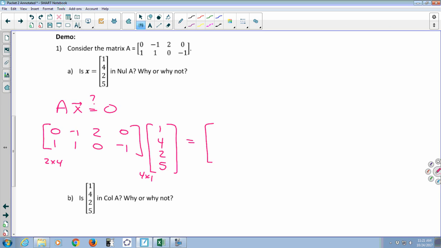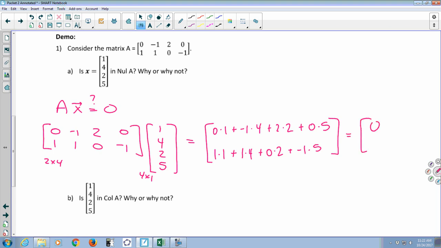So I do row times column. I have 0 times 1 plus negative 1 times 4 plus 2 times 2 plus 0 times 5. And then next row times column, I have 1 times 1 plus 1 times 4 plus 0 times 2 plus negative 1 times 5. And I get 0, 0.